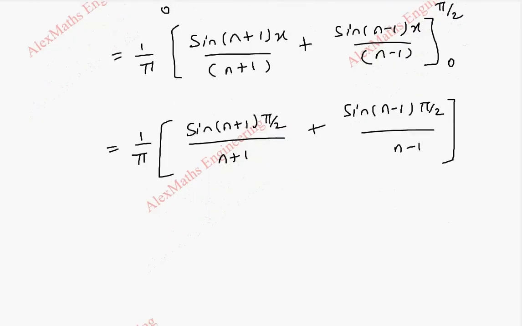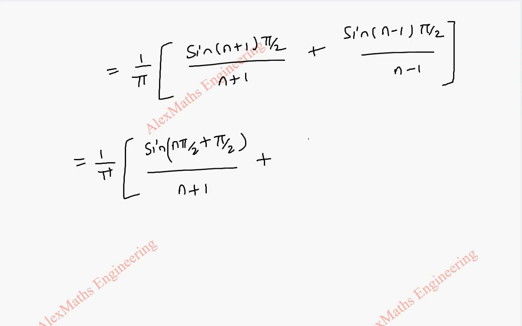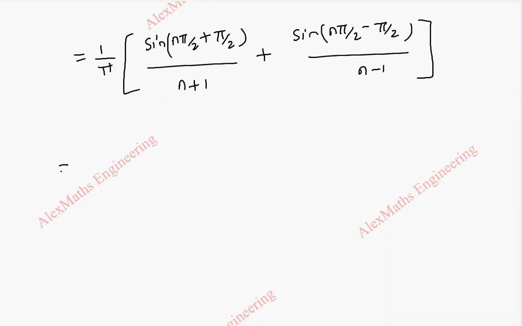Now let's expand this one. So we have 1 by pi. If I multiply pi by 2 inside, this will become sin (n pi by 2 plus pi by 2) divided by (n plus 1). In the same way, this is sin (n pi by 2 minus pi by 2) whole divided by (n minus 1). We are going to expand this using the sin (x plus y) formula.